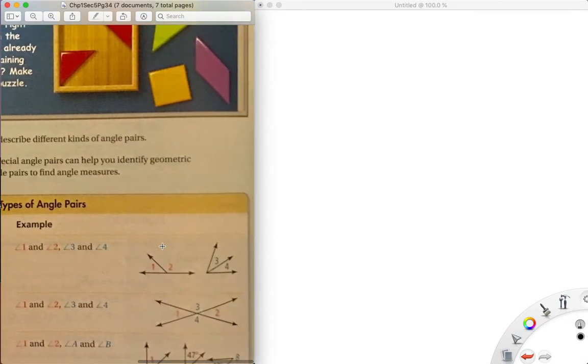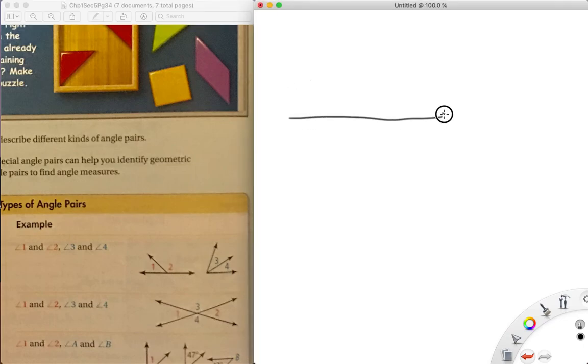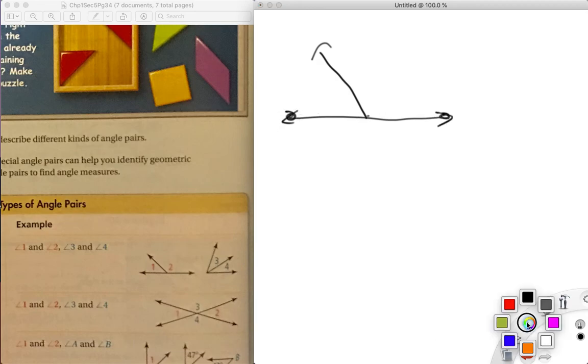I want to focus on the common interior points, but when we think of adjacent angles, here's an example of an adjacent angle. Actually, these are rays. So remember we said that an angle, they share a common vertex. So this is the common vertex that they share.